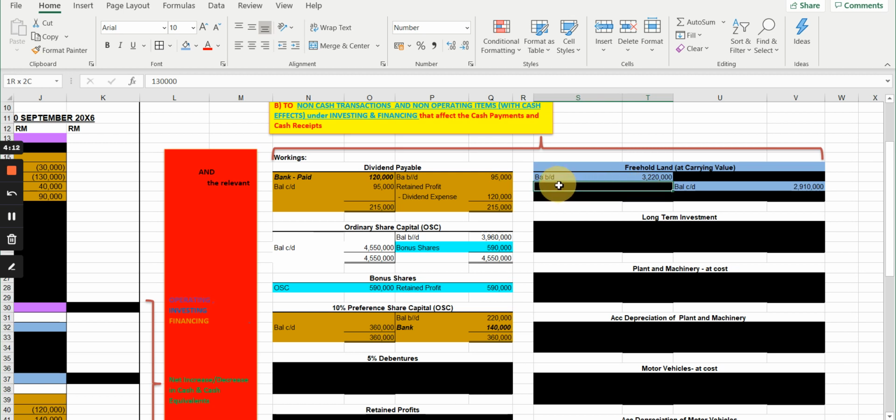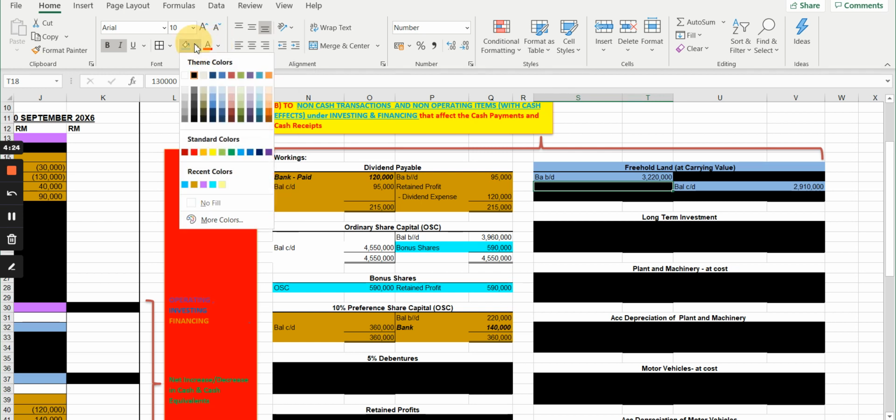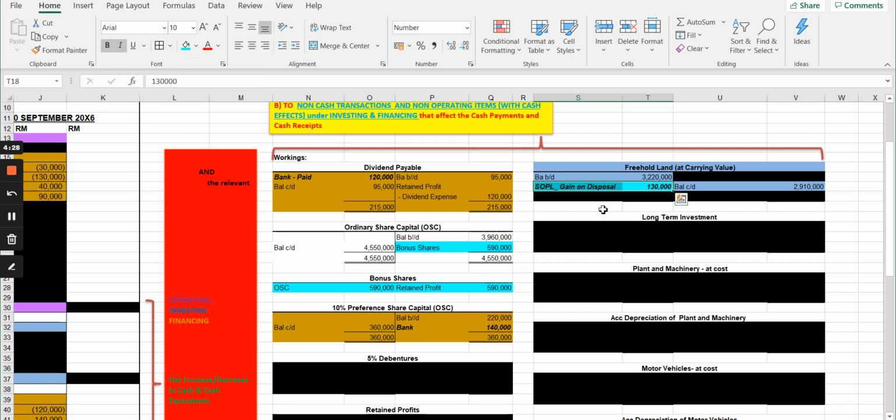When there is a profit, the simple accounting entry is that the profit is the item that will be credited to the profit or loss account. This profit is given just now as 130,000, so that is a profit or gain on disposal of 130,000. There is no depreciation here because this is a non-depreciable asset.